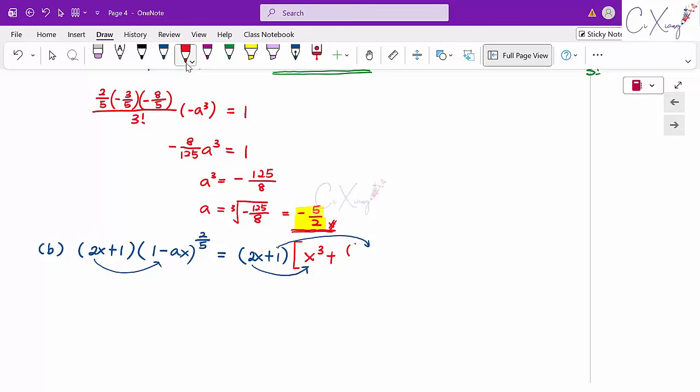So I'm having n, n minus 1. I directly write out the value. N minus 1 is negative 3 over 5. N minus 2 is negative 8 over 5. N minus 3 is negative 11 over 5. Oh, sorry, 13 over 5.